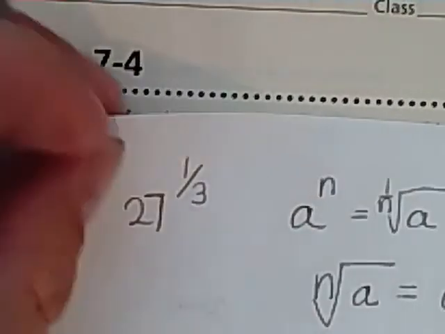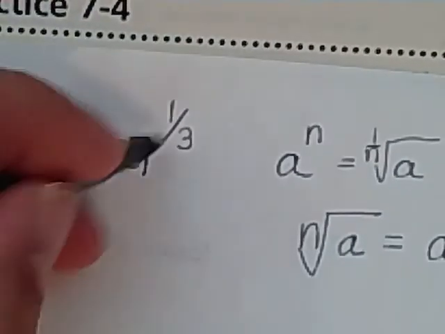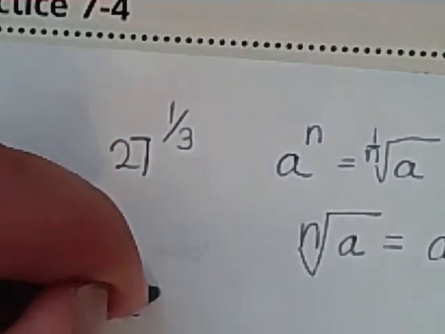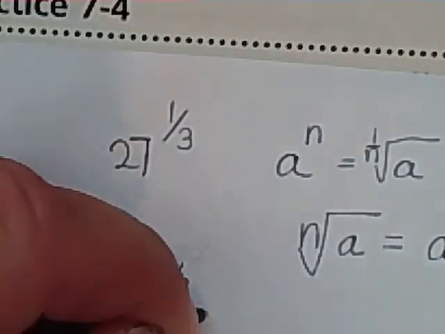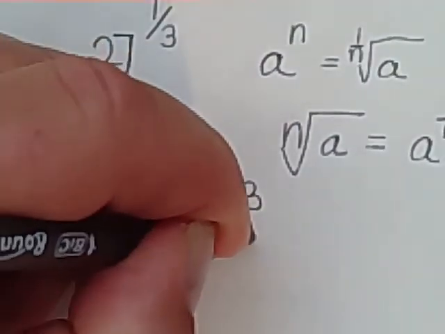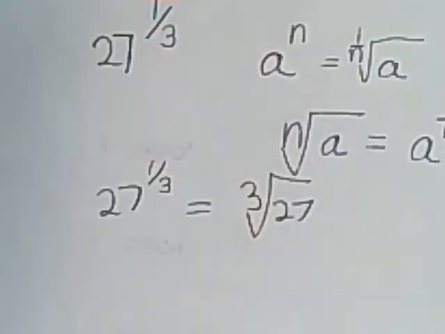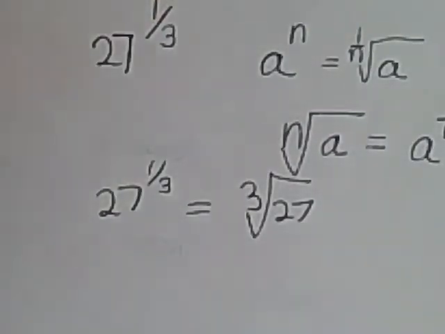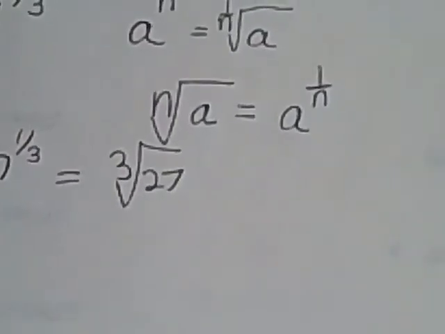So when it says simplify 27 to the 1/3 power, another way you could think of that is, what is the cube root of 27? These are both saying exactly the same thing. And so now you should be thinking, oh, okay, I can handle this.